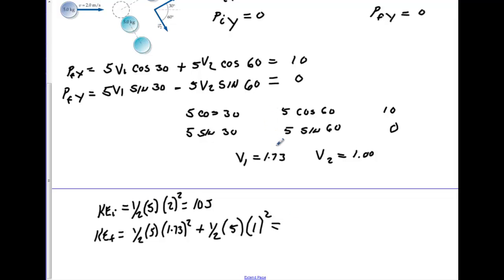That gives me a value of about 9.98. Just from rounding, we have approximately 10 joules. So this would be an elastic collision, because the kinetic energy is conserved.